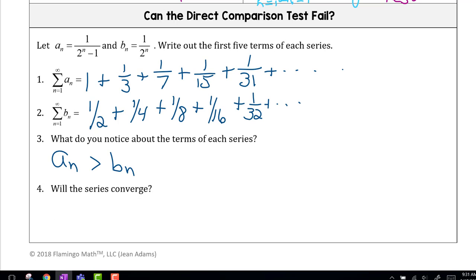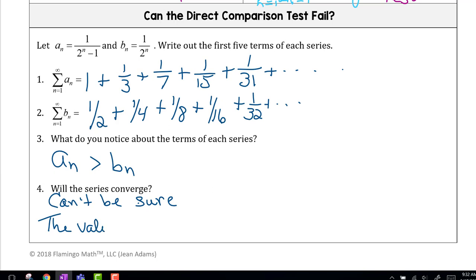So will the series converge? The problem is that the terms are so close together that we cannot be sure, because they are so close.